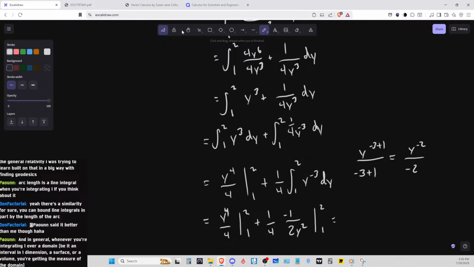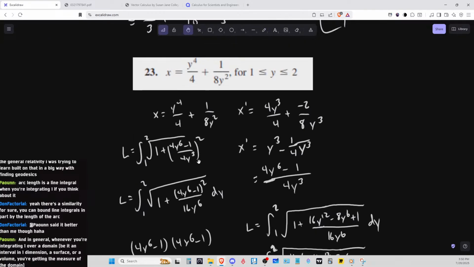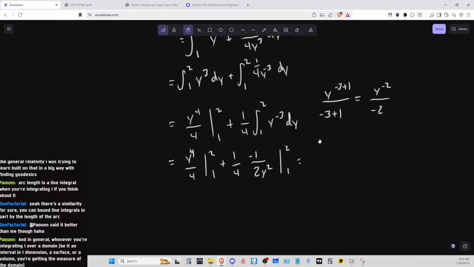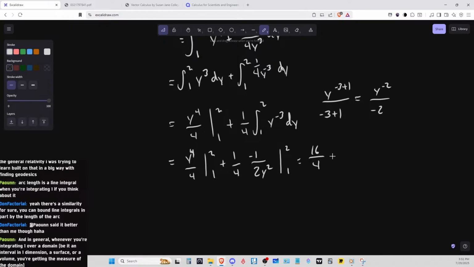So, yeah. Wait, do we have... Yeah, it's from 2 to 1, or from 1 to 2, I should say. So this side would be 4 times 2, so 16 over 4 minus 1 over 4.